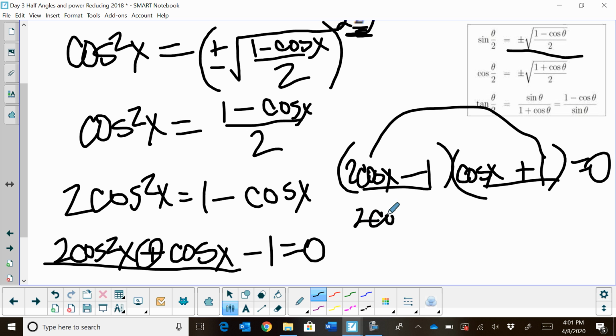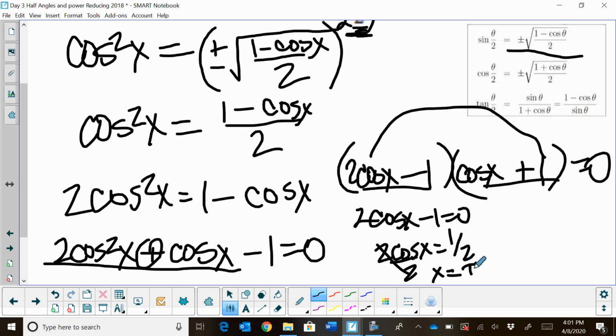So where does 2 cosine x minus 1 equal 0? It's where 2 cosine x equals 1, which is where cosine equals a half. I'm just going to go ahead and divide by 2. So where is cosine at positive 1/2 on the interval 0 to 2 pi? Well, that's at pi thirds and 5 pi thirds.